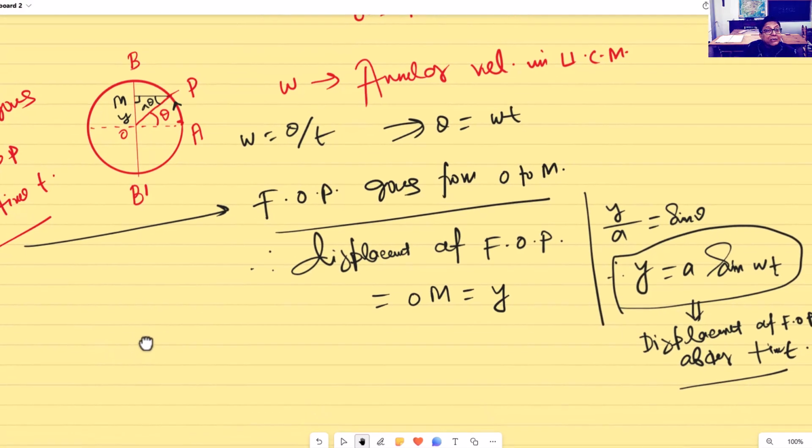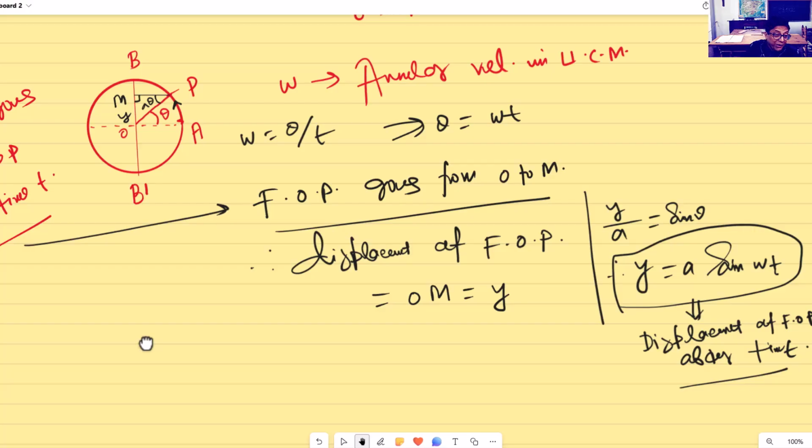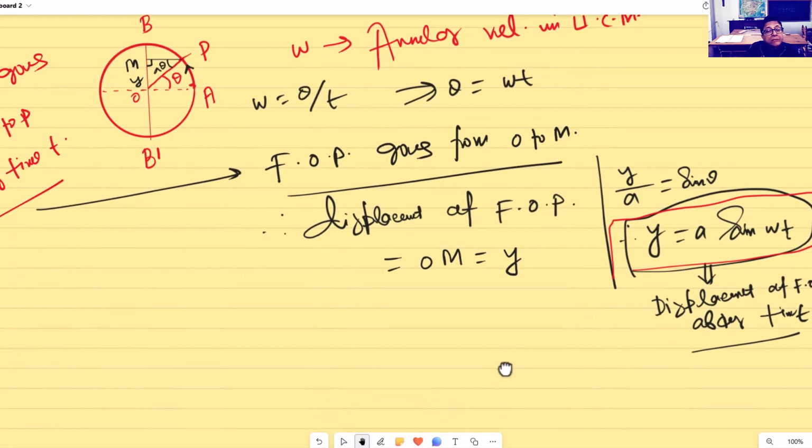Before we go for the actual definition of the topic we are doing today, let me tell you something about this equation which we have just got. Displacement of foot of perpendicular is y equal to A sine omega t. Since y equal to A sine omega t, we differentiate with respect to t.